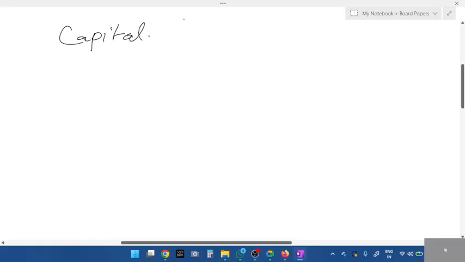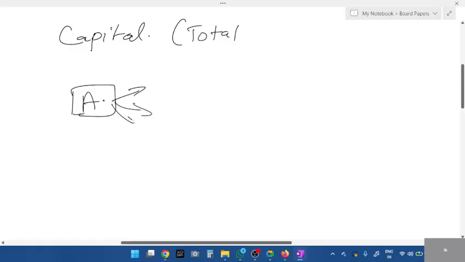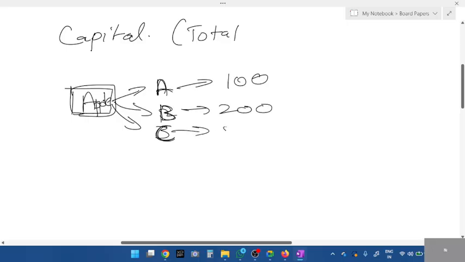The meaning of capital is total investment, not by a single person. Now, if there's a company, Apple company, and there are three investors, A, B, C. A invests rupees 100, B invests 200, C invests 300.